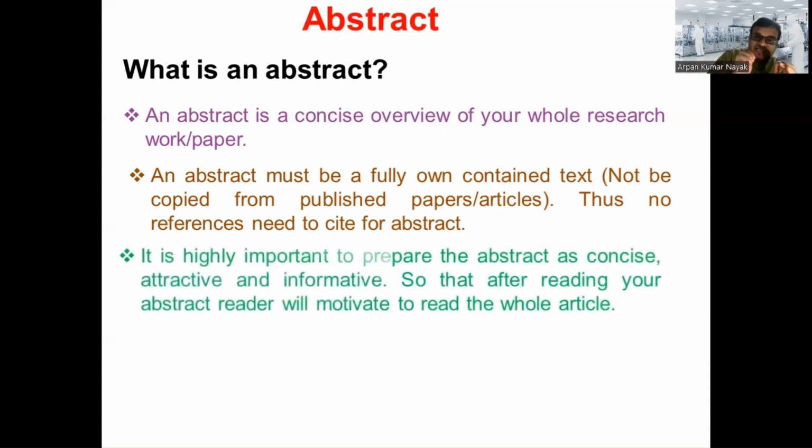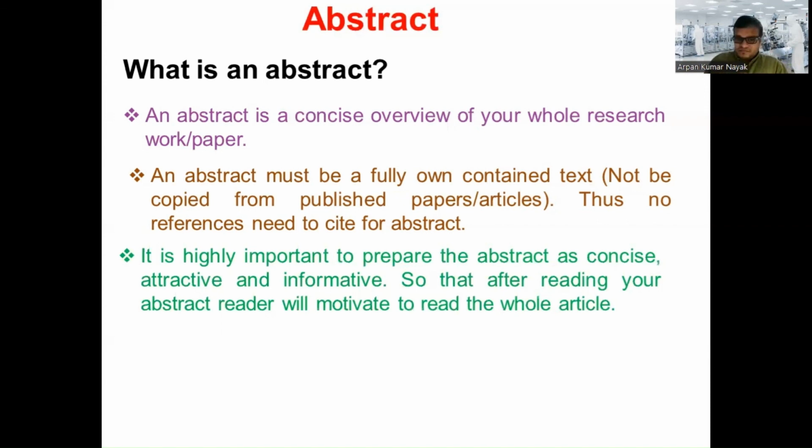So basically, the importance of an abstract is that it should be concise, attractive and informative, so that when someone reads your article or your research work, just after reading your abstract, they will be motivated to read your whole manuscript.